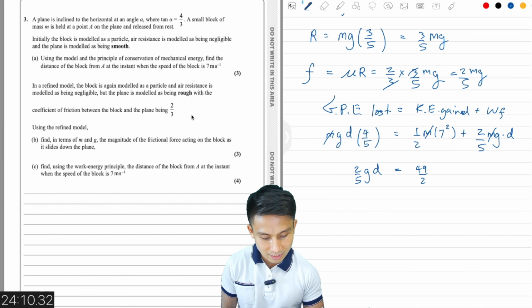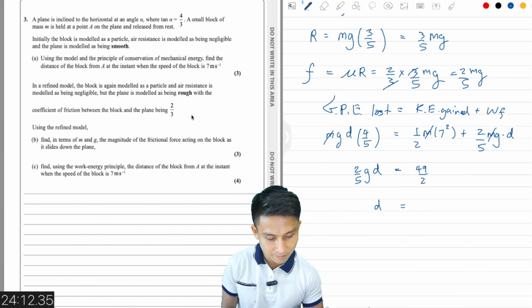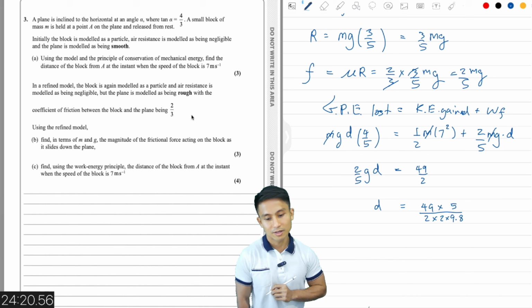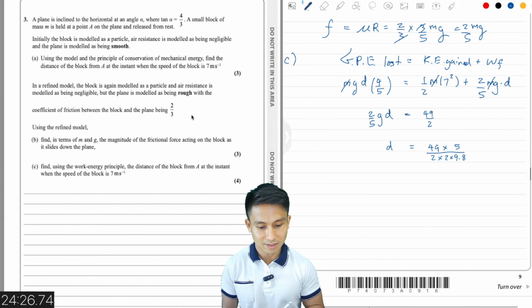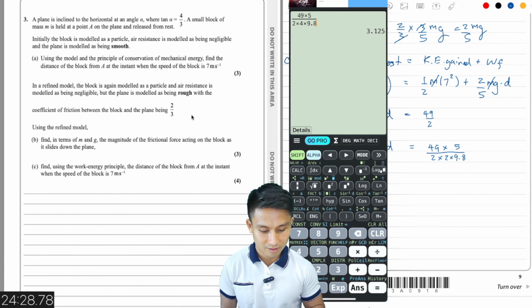So basically, d is just 49 times 5 divided by 2 times 2 times 9.8. This is just d as the subject, basically. And probably that's it, right? So calculator, 49 times 5 divided by 2 times 2 times 9.8.